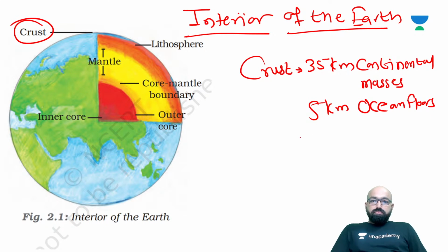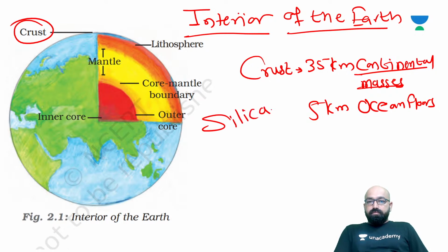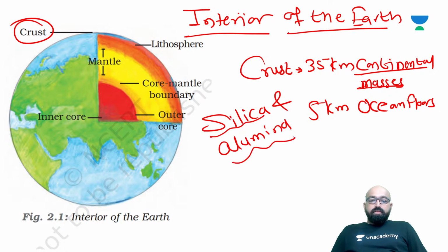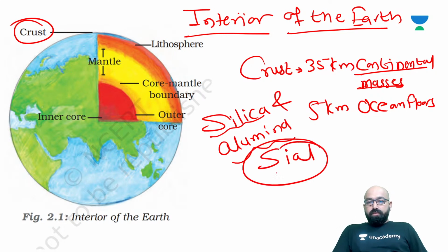The main mineral constituents of the continental mass are silica and alumina, so it is called Sial, silica and aluminum.